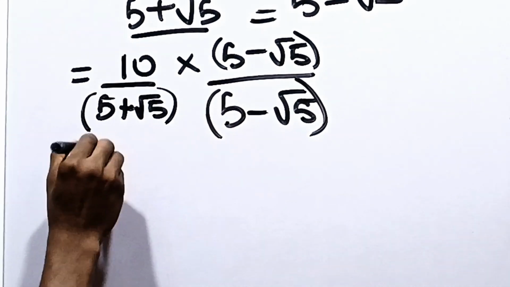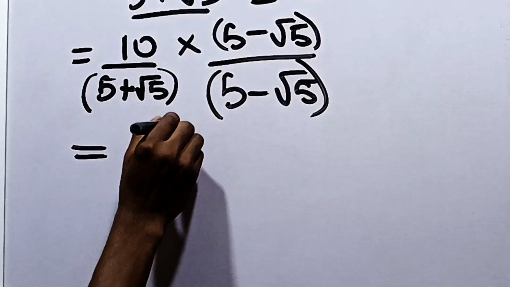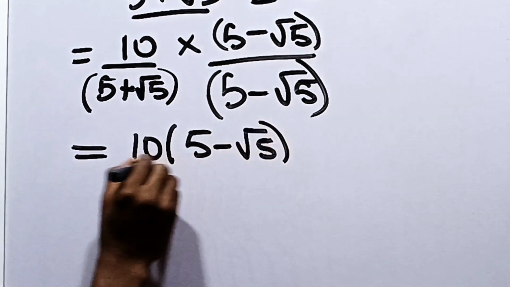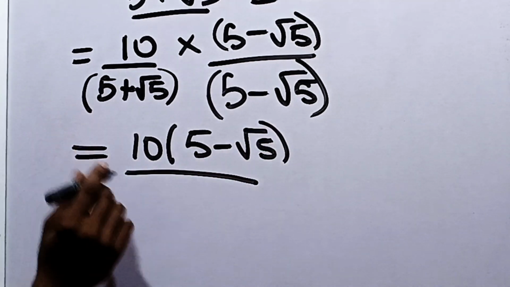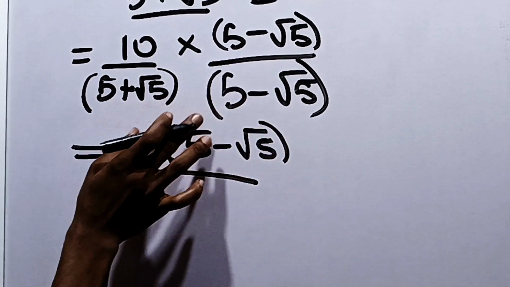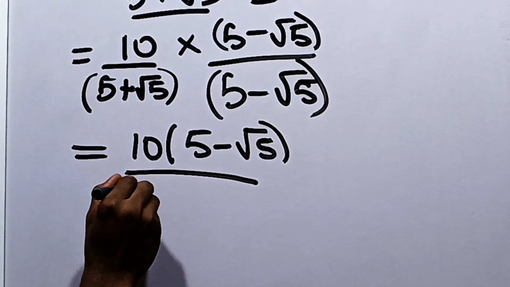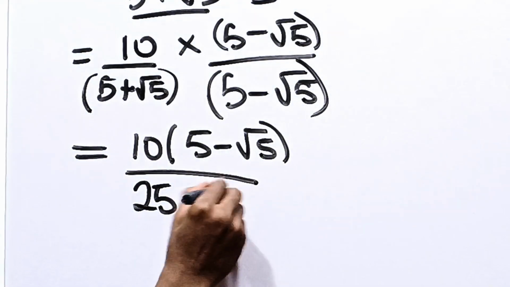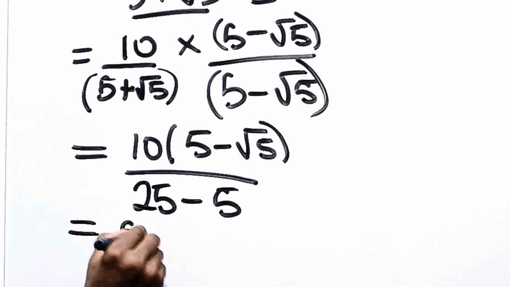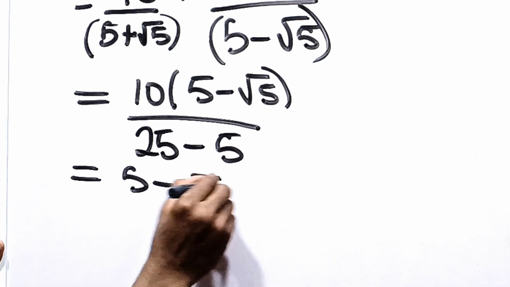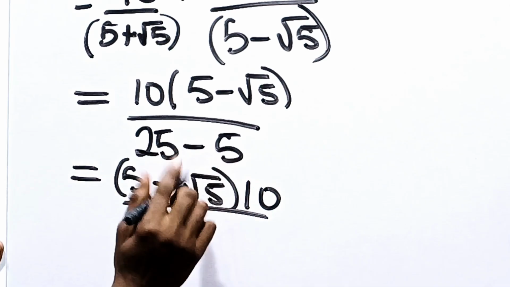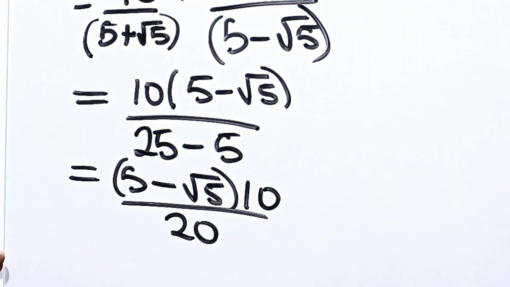Now, this will be equal to 10 into 5 minus root of 5, divided by 5 squared, because this is a difference of two squares if you look at it closely. 5 squared is 25, root of 5 squared is 5, and this is equal to 5 minus root of 5 multiplied by 10, divided by 25 minus 5, which is 20.